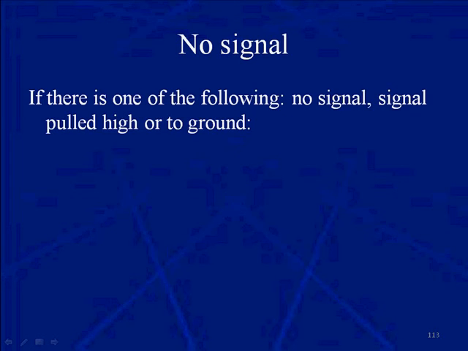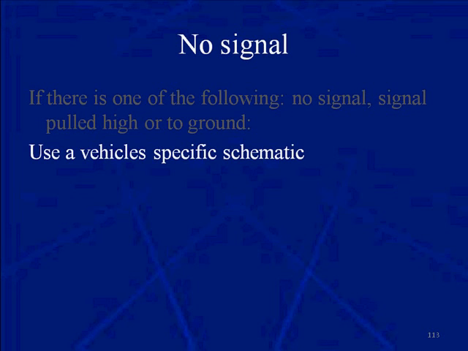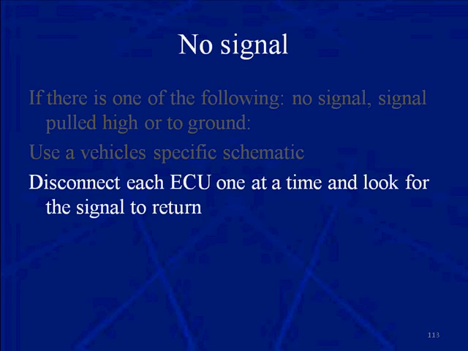If you don't have this pattern, there's no signal at all, you're going to have a situation of no signal, the signal stuck high, or the signal stuck low, meaning that it's always in one state or it's not there at all. Use a vehicle-specific schematic, disconnect each ECU one at a time, and look for the signal to return. That is grinding it out. That is really, really grinding it out.